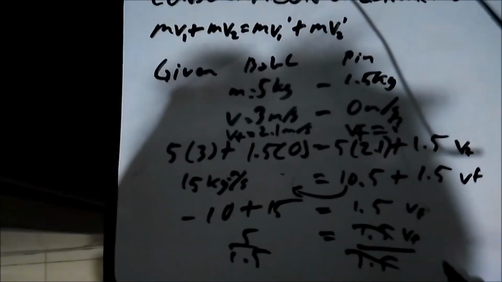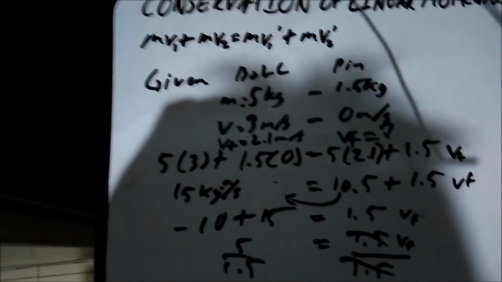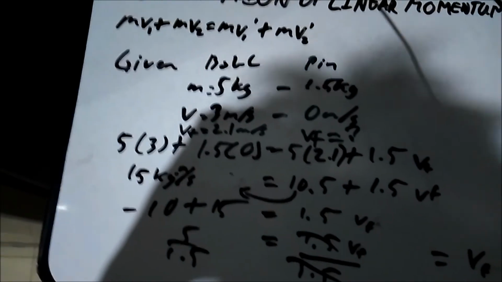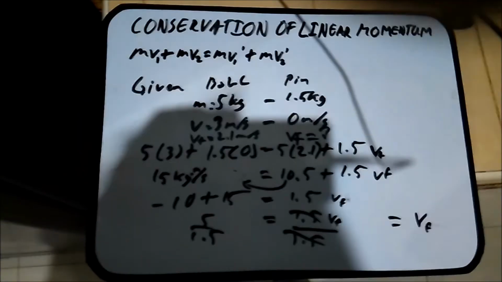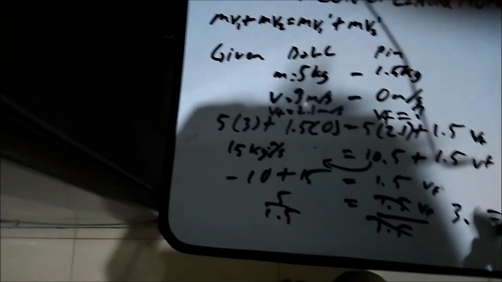To know the final velocity of the bowling pin after the collision, I'm going to divide both sides by 1.5 to remove this. The units cancel because they are the same. Now you have the velocity final, and we have to divide this: 5 divided by 1.5 is equal to 3.33.